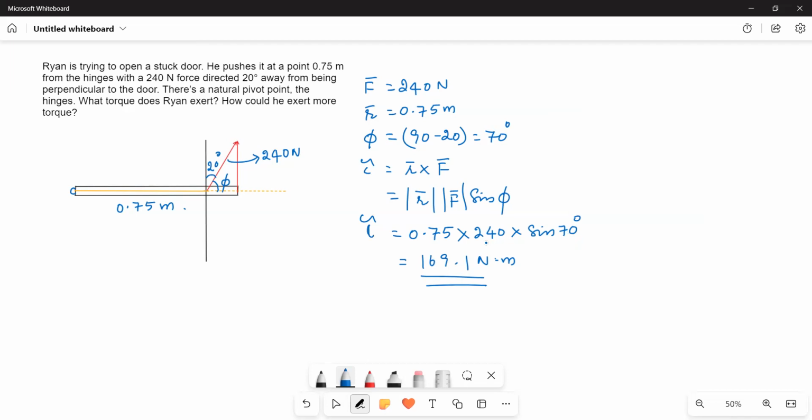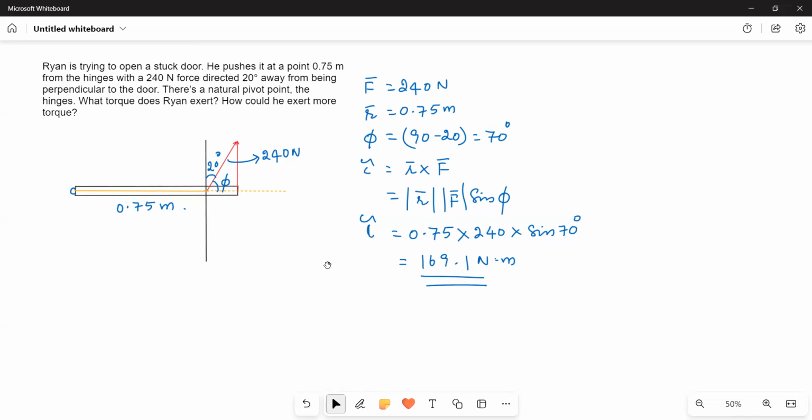And then increasing the force. One is increasing the angle from 70 to 90 degrees. The second thing is increasing the force, pushing with more force. And the third one is pushing farther from the hinge. We don't know the exact length of the door, but he is pushing at 0.75. Consider it to be a 1 meter long door. Then he can push it from the end so that the torque will be more.